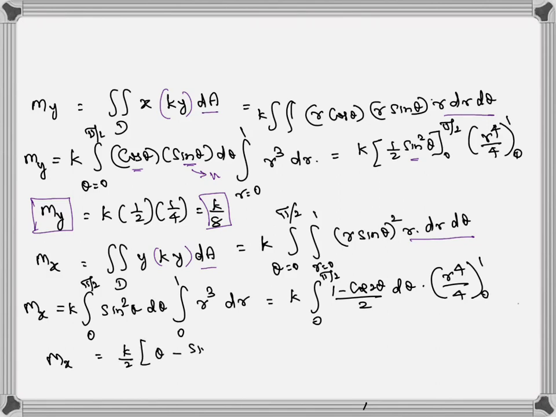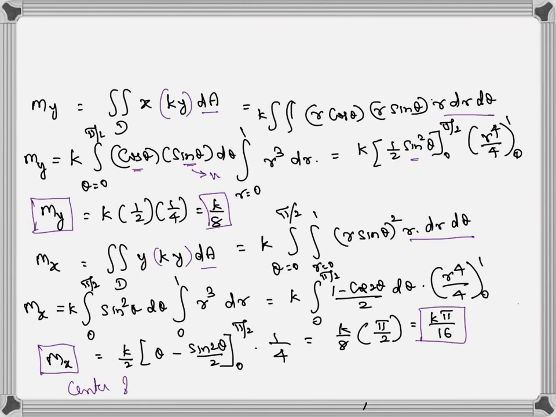Then the integral is theta minus sine of 2 theta over 2 between the limits 0 and pi by 2, times 1/4. Simplifying and substituting the limits, we get k over 8 times pi halves, which is k pi over 16. So we got M sub x, we got M sub y. So the moments are known. We got the mass also.